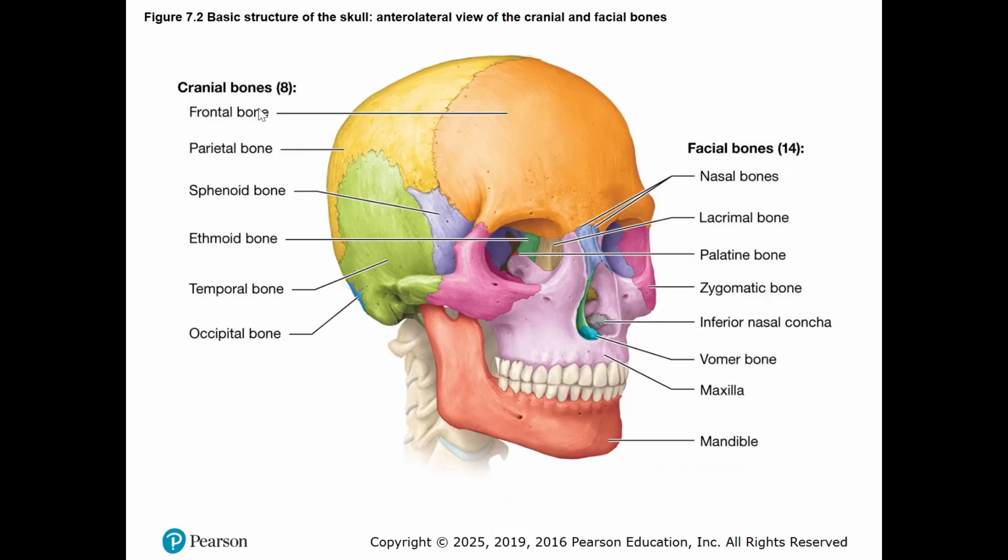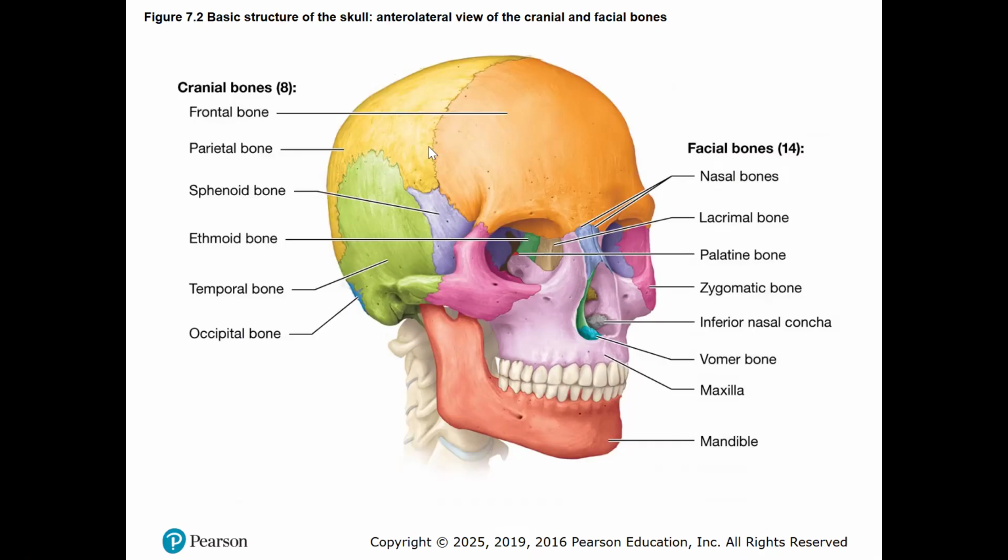In yellow here, you have your parietal bones. You have two parietal bones, one on the left, one on the right, that form the superior wall of the cranium or the cranial vault, and they meet here at the sagittal suture. And you see the coronal suture here that's going to join the frontal and parietal bones.